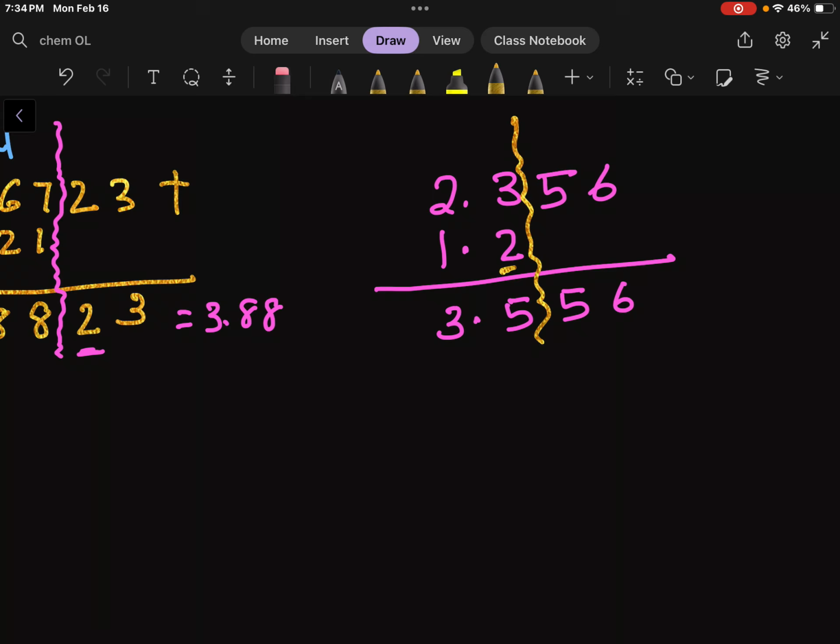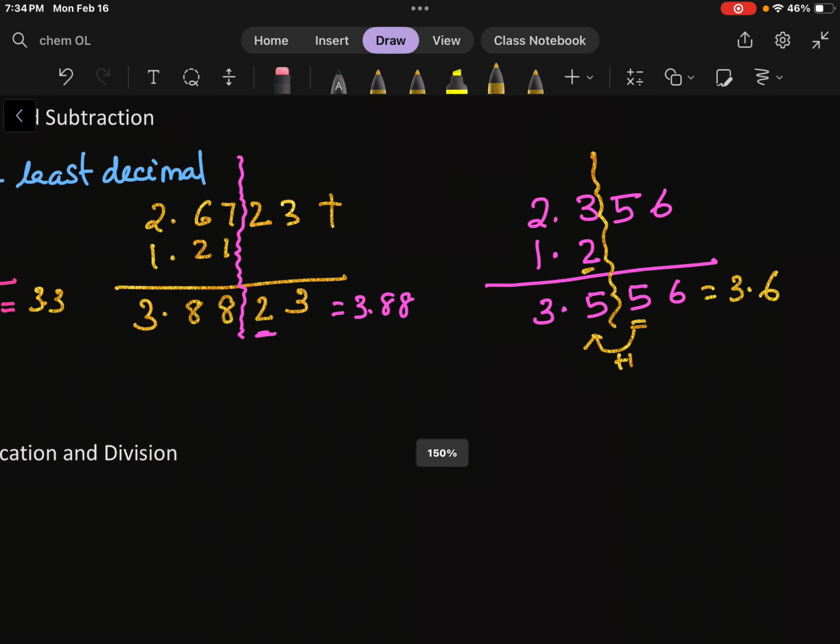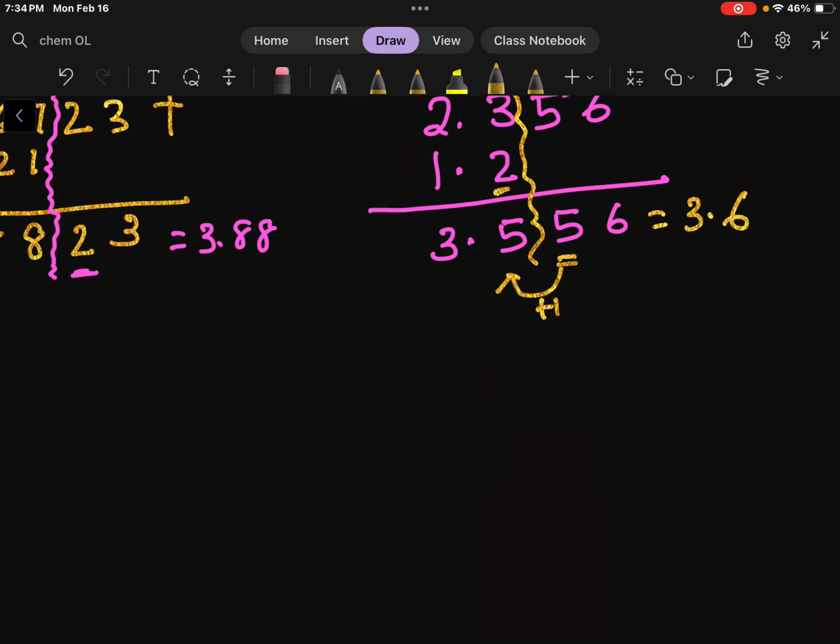You need only 1 decimal place in your answer. But since this number is 5, you have to round 1 up, and your answer will be 3.6.